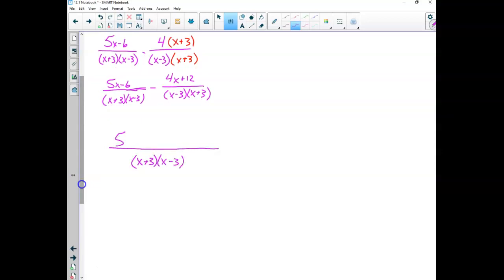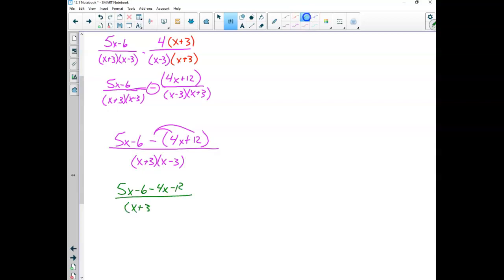That gives me 5x minus 6 minus, that's the whole top of 4x plus 12 up there, because I'm subtracting this whole top piece, which means I need to distribute that. That's a very common mistake. So I'm going to say 5x minus 6 minus 4x minus 12 over x plus 3 times x minus 3.